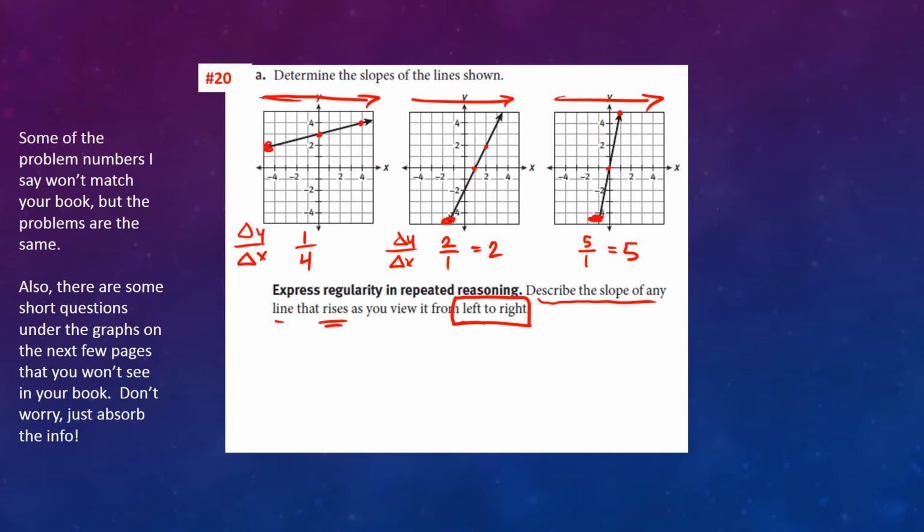The tilt of the line sometimes makes it harder to see, but you've got to find the furthest left end and read it that direction. So the slope of any line that rises as you view it from left to right will be positive. Hopefully you picked that up. The slope will be positive if the line rises from left to right.